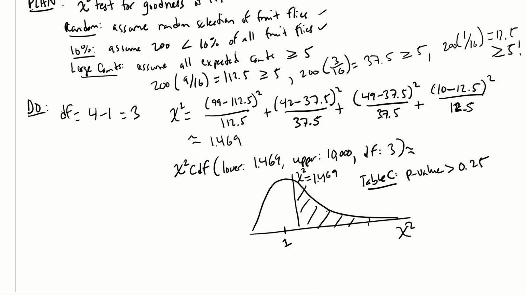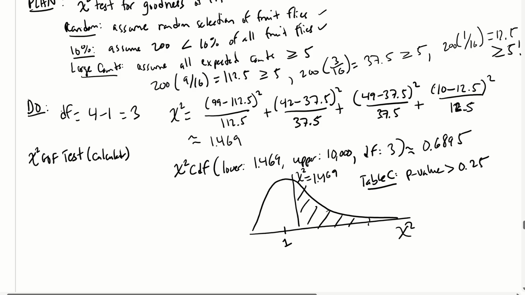If we calculate this, we should get a large p-value, 0.6895 for the p-value. And if we used a chi-squared goodness of fit test on the calculator, we would have to report our chi-squared.